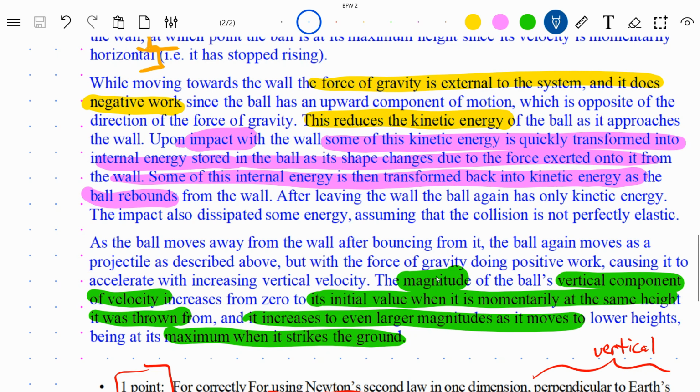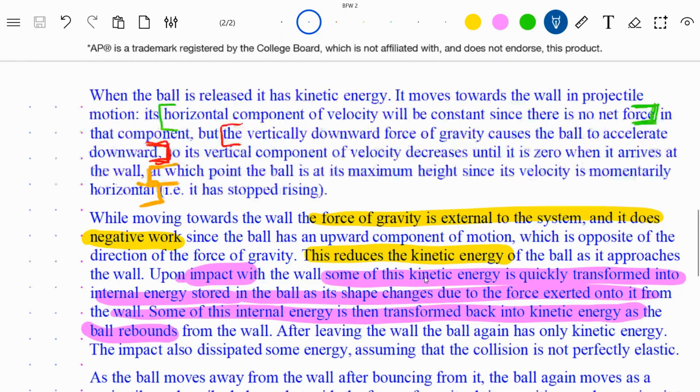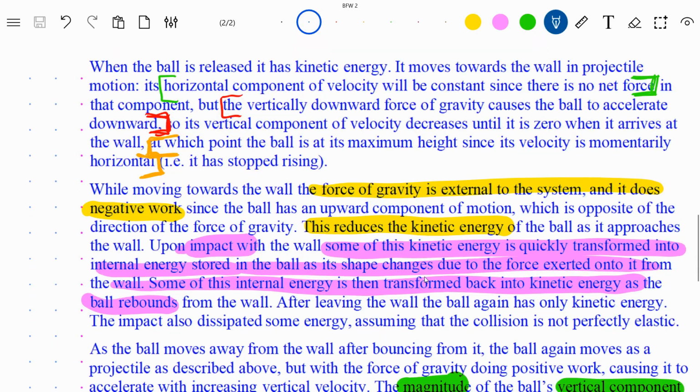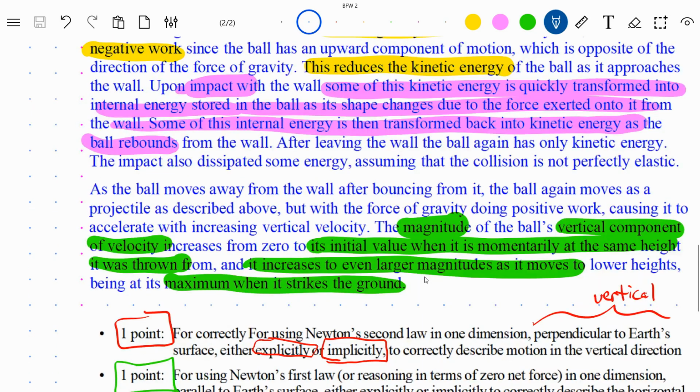So I'm pretty good for that point. I fully expect this would earn all 7 points on this part of the question, as well as the previous points. So this should get all of the points.